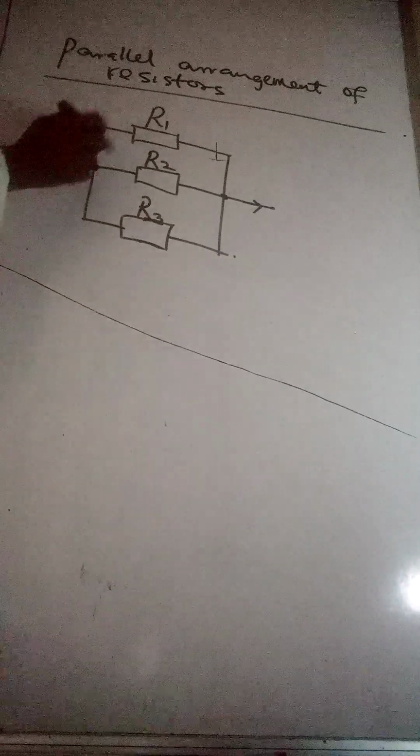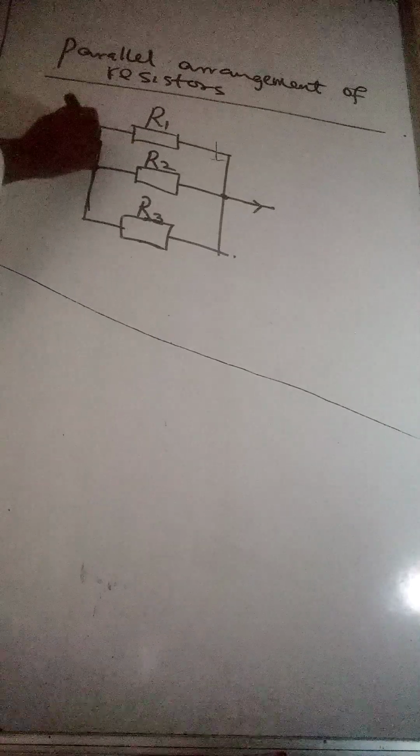So when the current gets here, definitely this is a T junction. Look at it, T junction. So that means the current will be divided. Part of it will go here. Let me call that one I1. Part of it will go here. Let me call that one I2. And part of it will go here. Let me call that one I3.